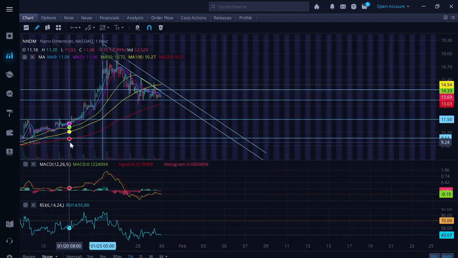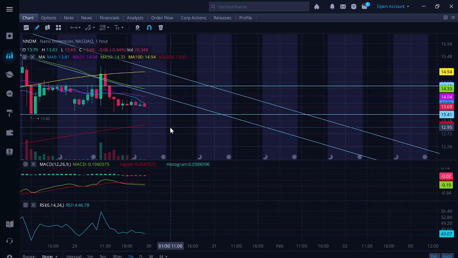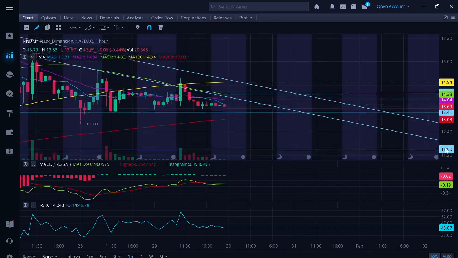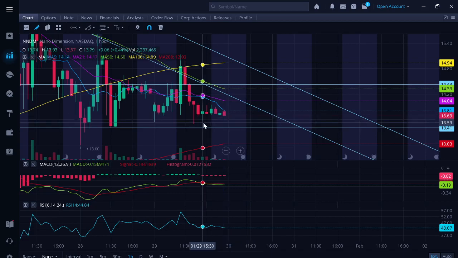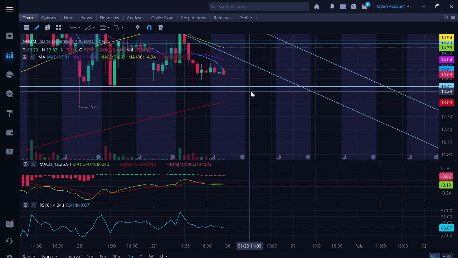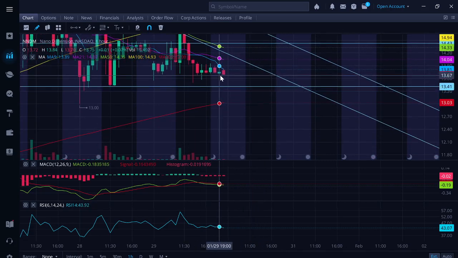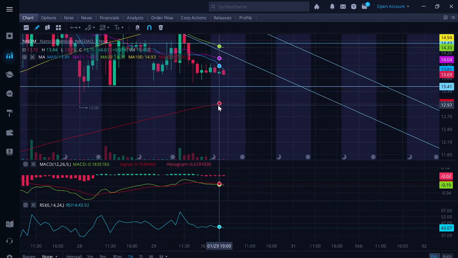Let's see. Some weird Webull scaling problems here. So on a 1 hour basis here, it looks like if it breaks that candle, it's gonna go all the way down to here, and there might be a good chance that on the 1 hour scale, it's gonna bounce off this 200.